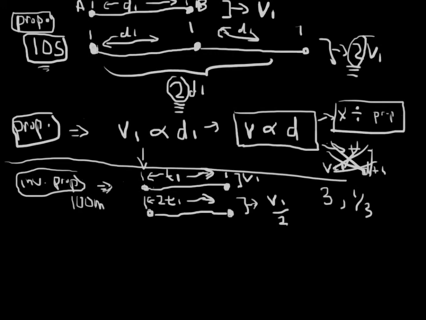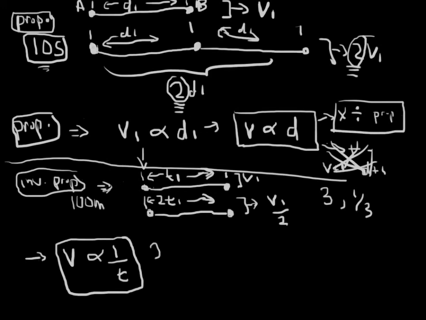So how do we write that? Inversely proportionate. We say that v is inversely proportionate to 1 over time. So if we're going double the speed, then it'll take half the time.